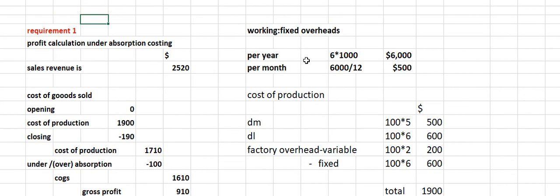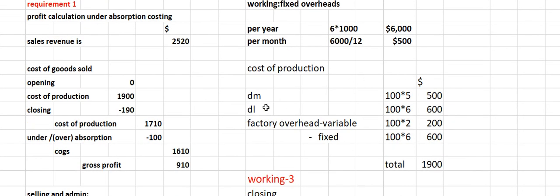So per year the fixed overheads are $6 per unit and the capacity in a year is 1000 units. So total fixed overheads cost in a year is $6000. If we divide it by 12, the per month fixed overheads are $500.